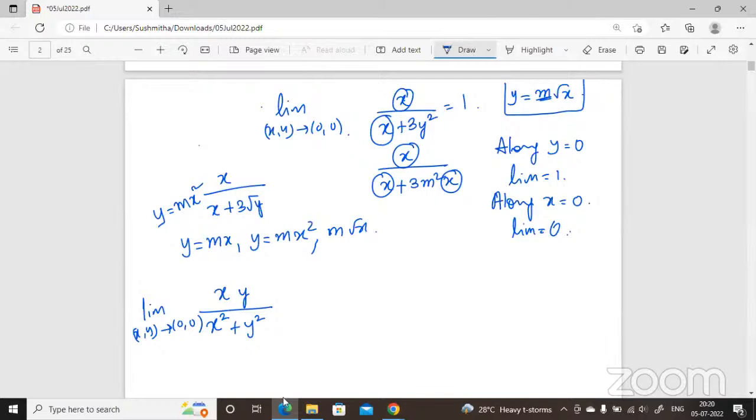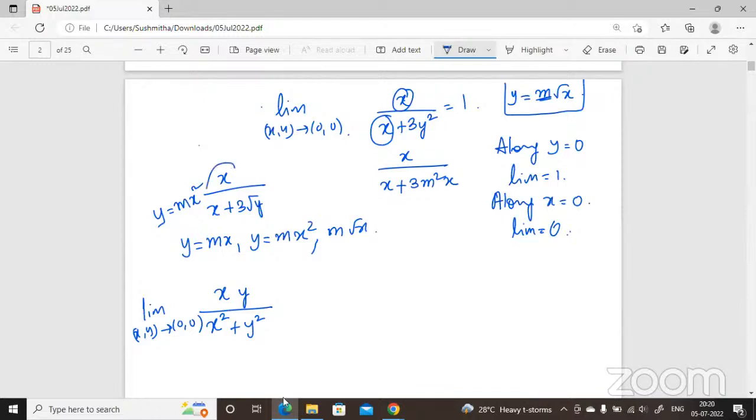You have taken y equal to mx here. I've taken m square root x so that y squared becomes m squared x. I just want to eliminate x and y. We have to make an effort so that we can eliminate the variable, and if it remains in constants, then the limit does not exist.